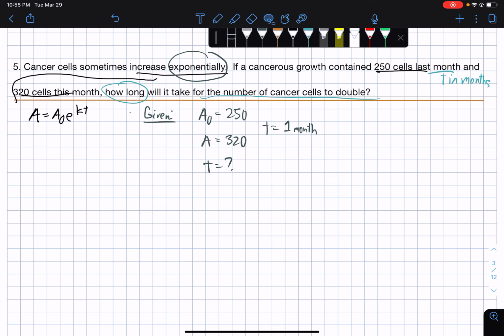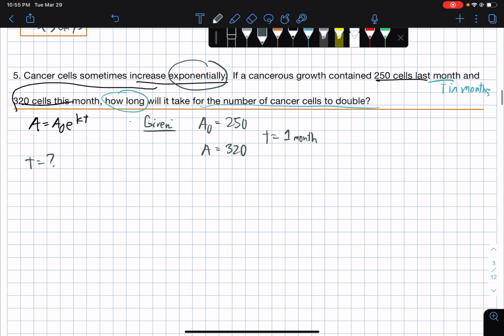But the question is, it asks for another time. But before we do that though, we don't have the value of the constant of proportion, or in other words, our k. So let's solve for it first.